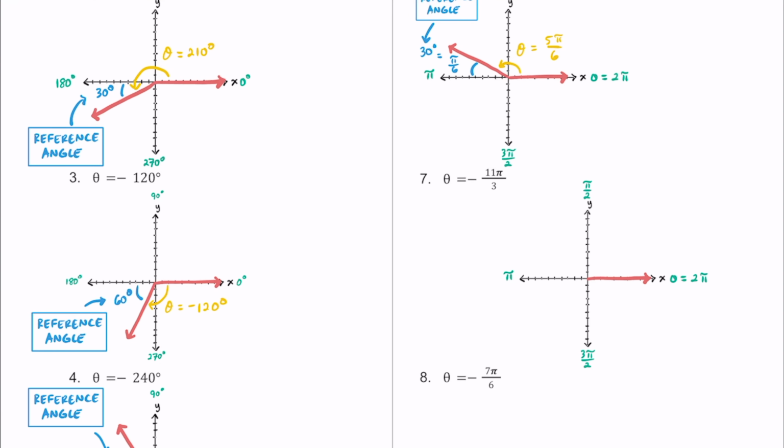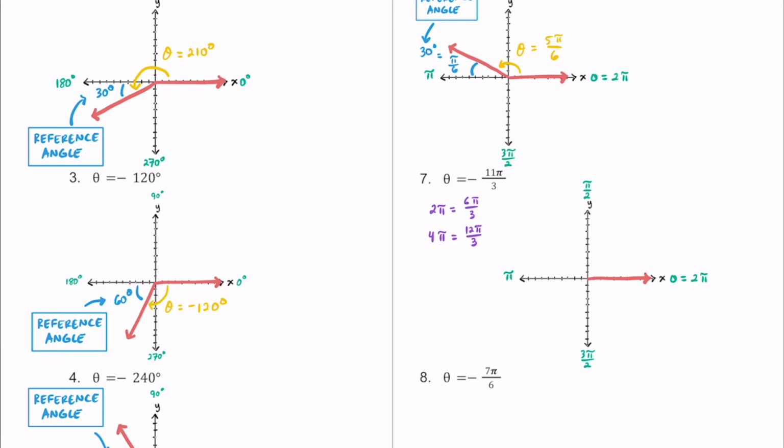We hopefully know, we can put on the side here, that 2 pi is a full circle, right? It's 360 degrees. That's going to be the same thing as 6 pi over 3. Okay, that's a full revolution. But we also know that 2 full revolutions, or 4 pi, would be making 2 full circles. That would be 12 pi over 3 here, right?